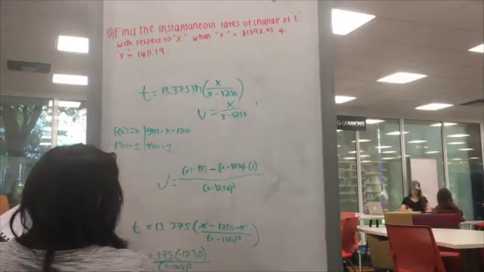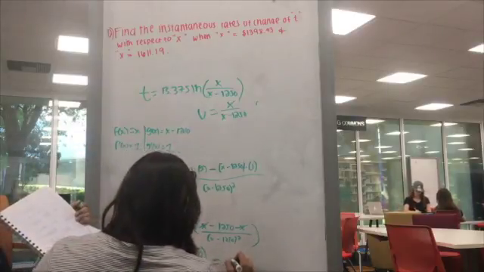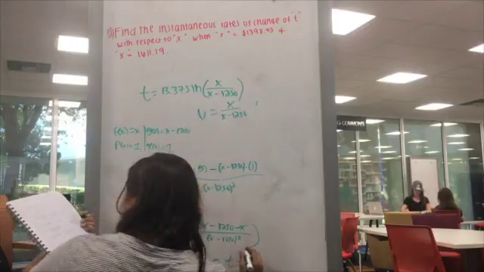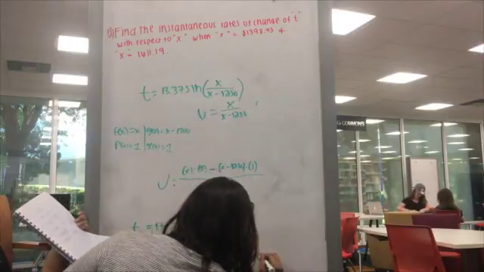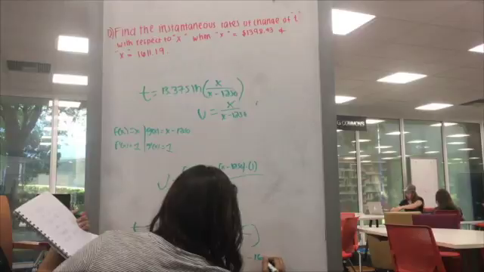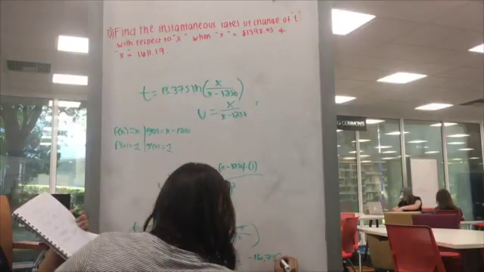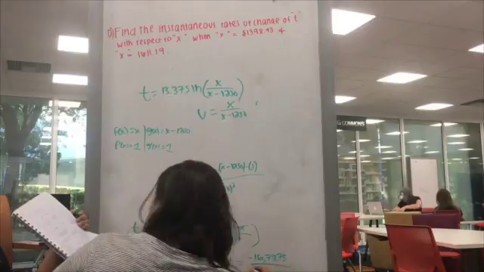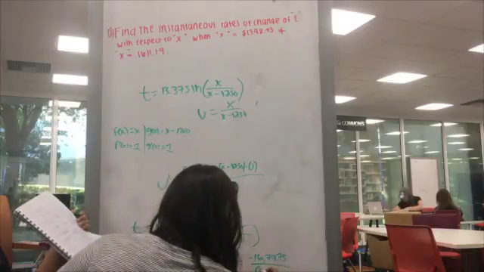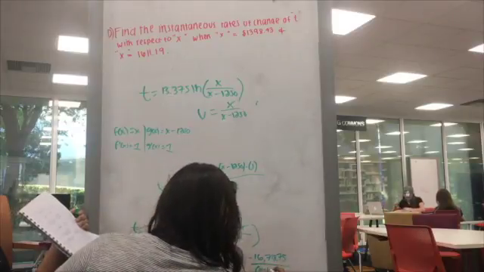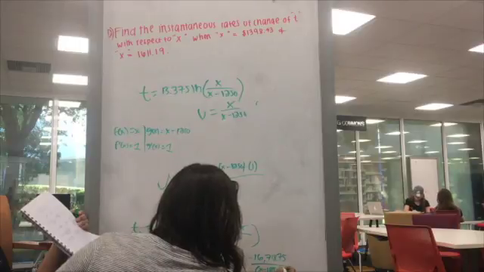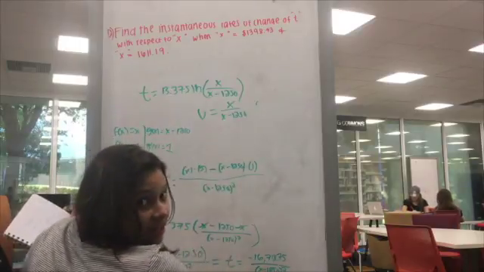Then you multiply this by this and you'll get T is equal to this, and this is your derivative function.